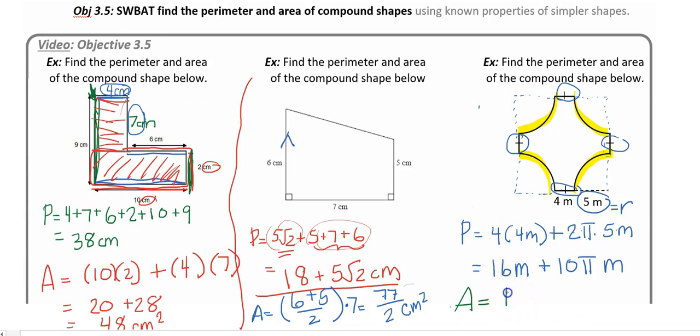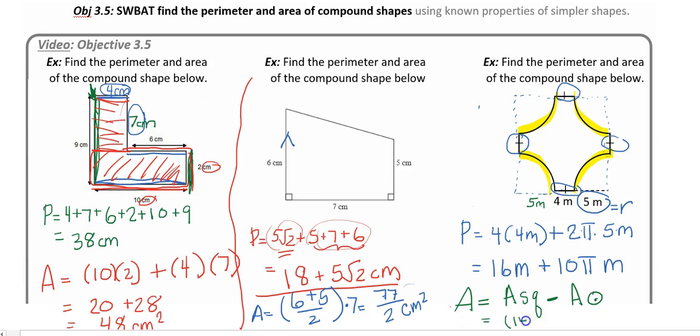So I'll go ahead and write that. Area of a square minus the area of a circle. So this square has side lengths of 5 meters, 4, and 5. So it's 10 plus 4, 14 meters.